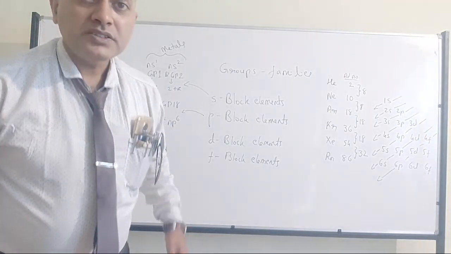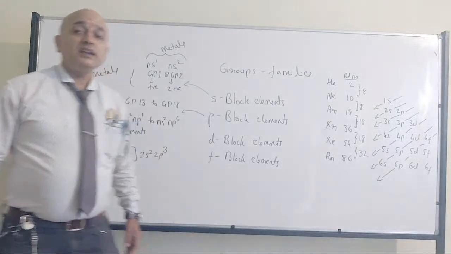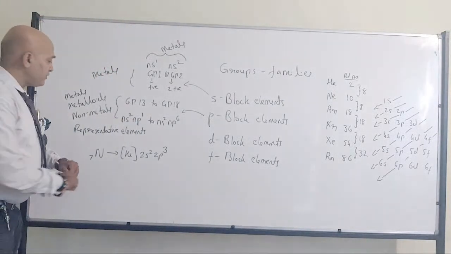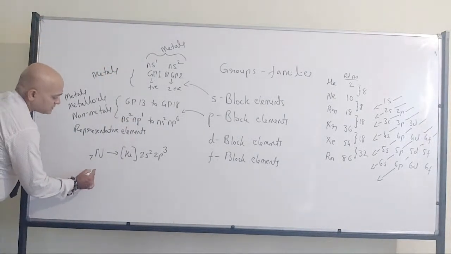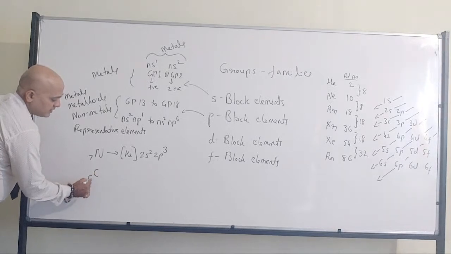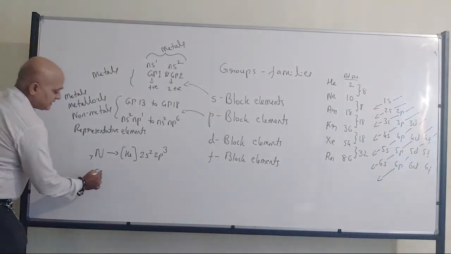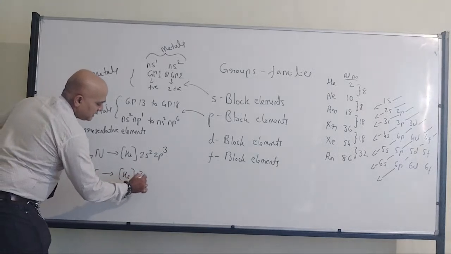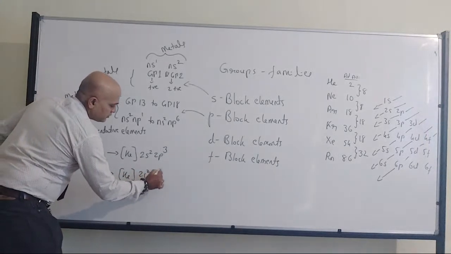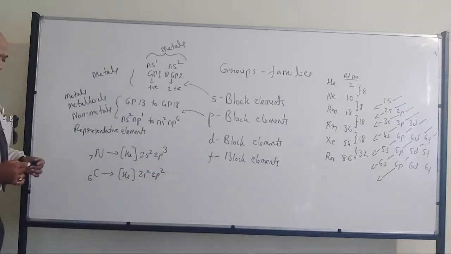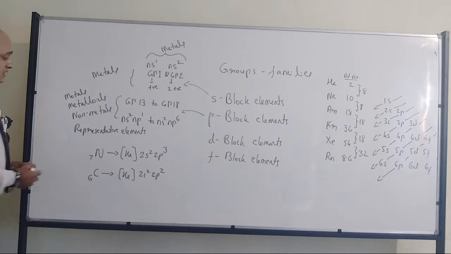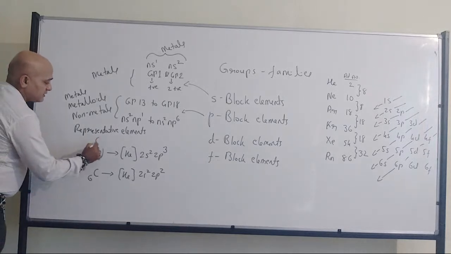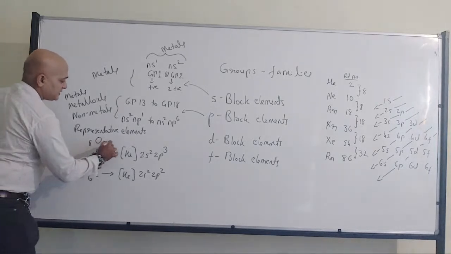Right? Can any one of you write the electronic configuration for carbon, neighbor of nitrogen? Atomic number is 6. Once again, helium, then 2s2, 2p2. Can any one of you write oxygen, neighbor of nitrogen? It will be 8.